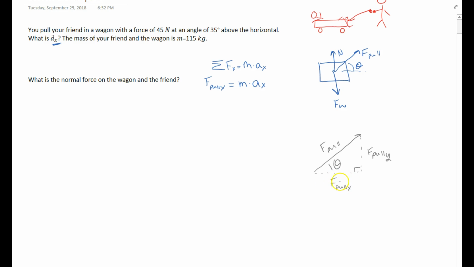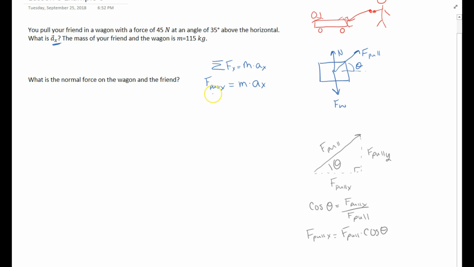This F pull x is adjacent to my angle, so that tells me I need to be using cosine. So cosine of theta is equal to my adjacent over my hypotenuse, so F pull x over F pull. When I rearrange this equation, I get that F pull x is equal to F pull times cosine of theta.